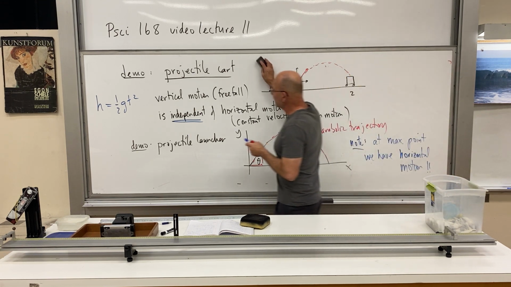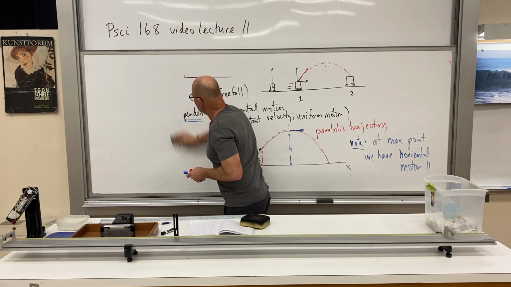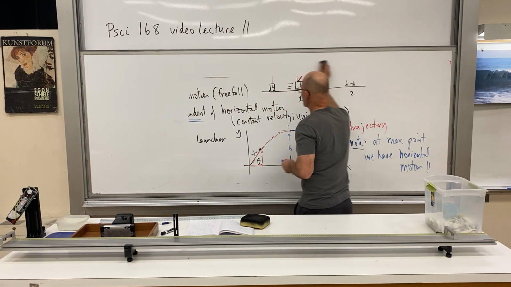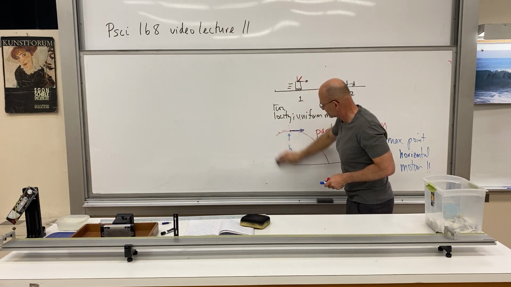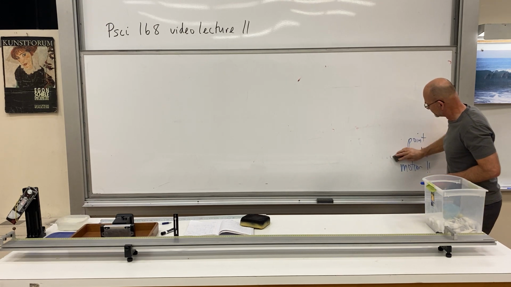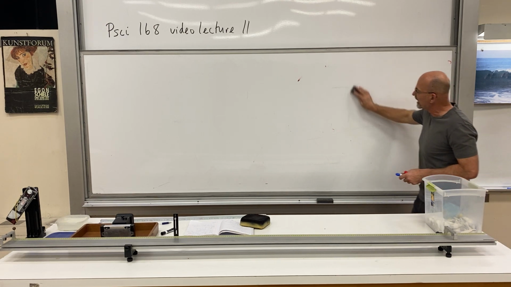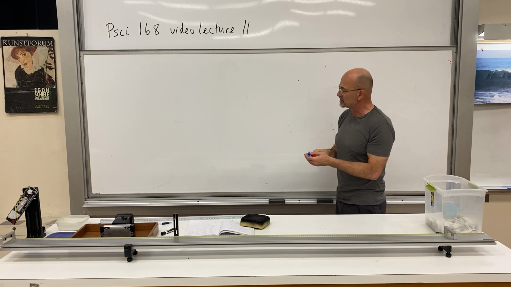Good, so I'm going to erase this. We've seen these two demonstrations. So this time we're drawing a much larger graph. This one should fill the entire width of your page. Okay.